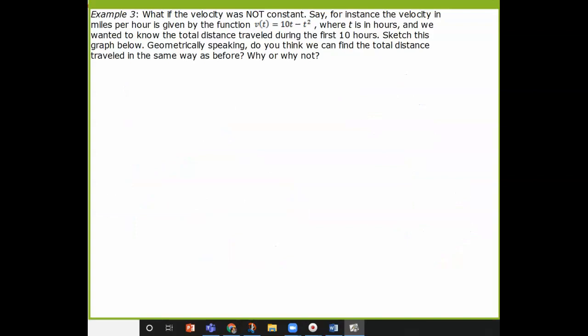What if the velocity was not constant? Say, for instance, the velocity in miles per hour is given by the function velocity equals 10t minus t squared, where t is in hours, and we wanted to know the total distance traveled during the first 10 hours. So if we sketched this graph, geometrically speaking, our graph would look something like this. At time 0, my graph's at 0.